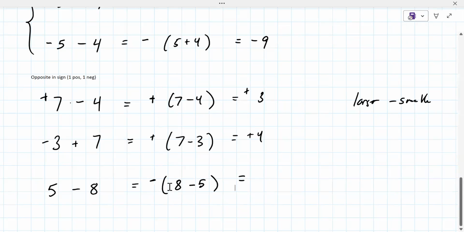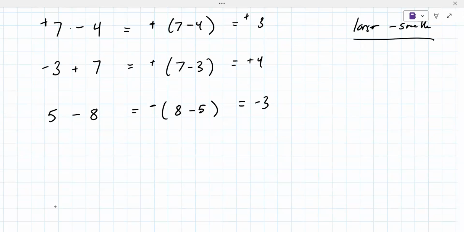So this is now -3. All right, let's try another one. Let's say it's -9 plus 5. Which is further from 0, -9 or +5? -9. So we know the answer is negative.